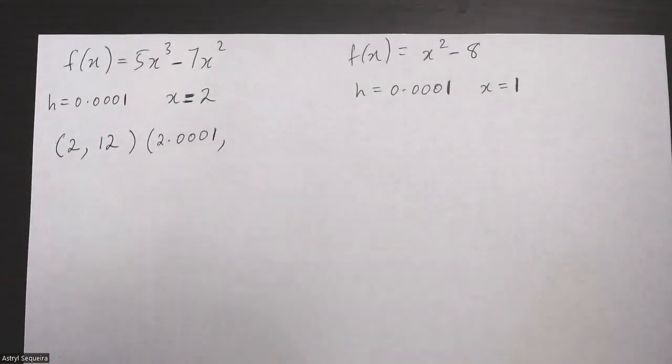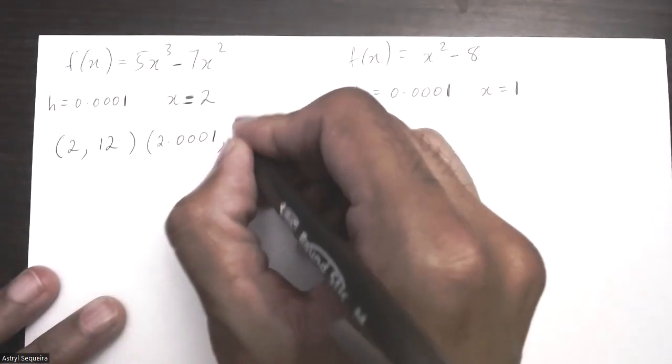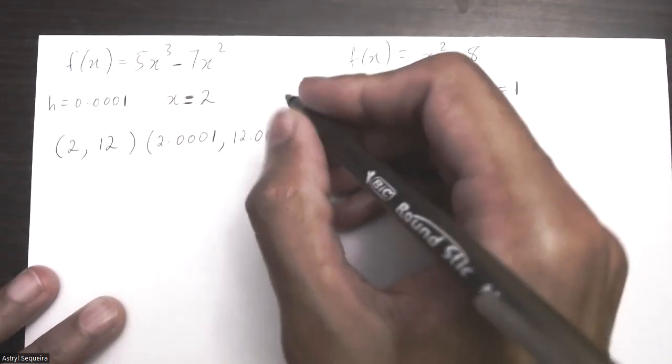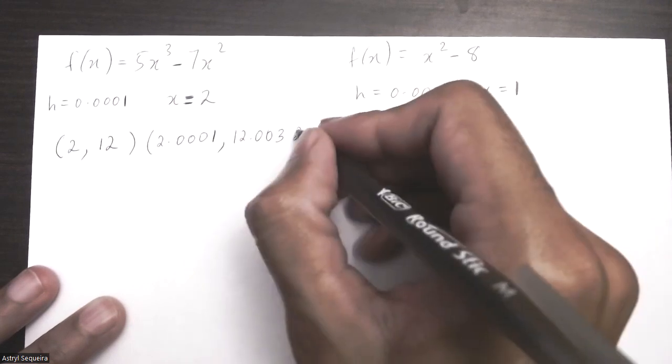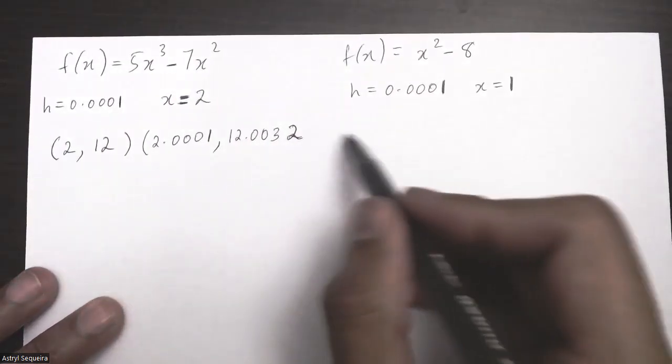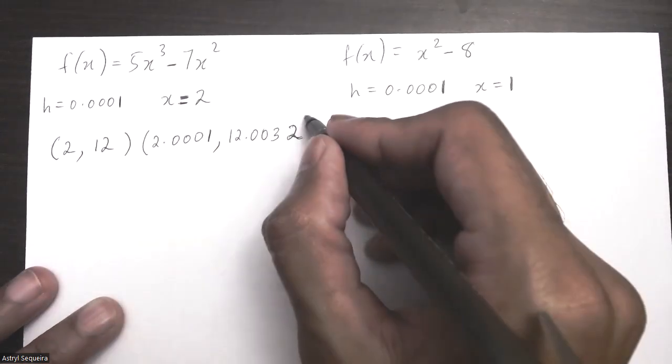Now I'll do this calculation next, with 0.0001, and I get 12.0032, and then I would have taken one more decimal place, but the next two decimal places are also a 0, so I'm going to end here.